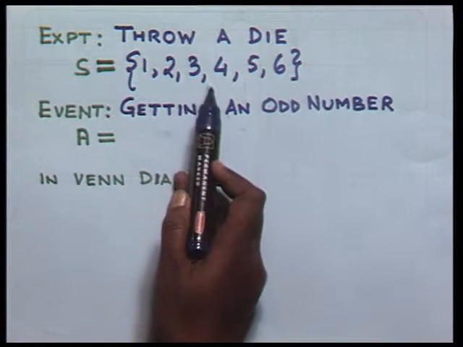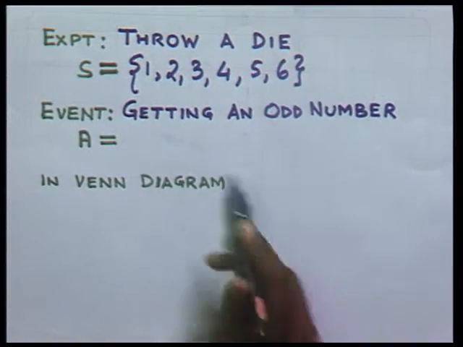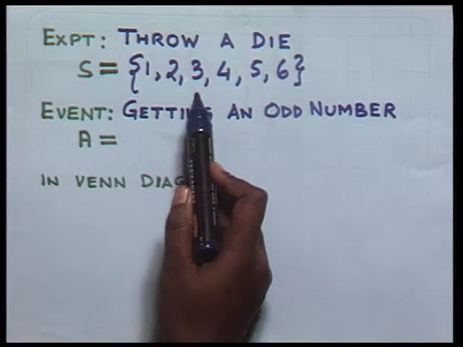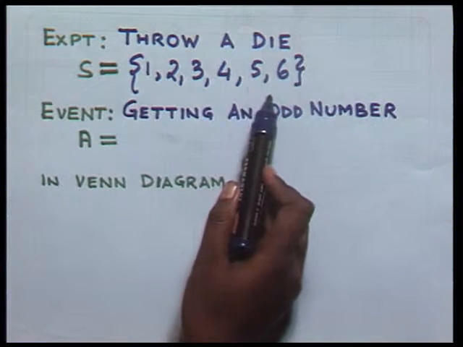The set of all possible outcomes in a random experiment constitutes the sample space. So, the sample space for this random experiment, which is throwing a die, has the outcomes 1, 2, 3, 4, 5 and 6.